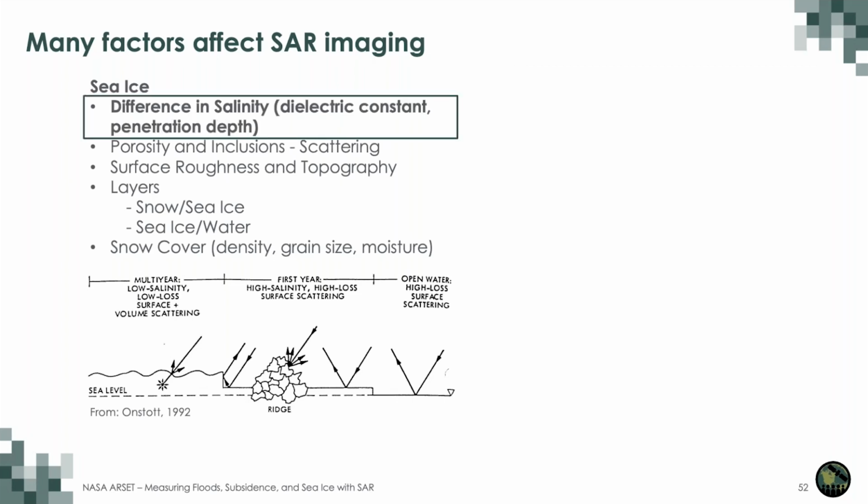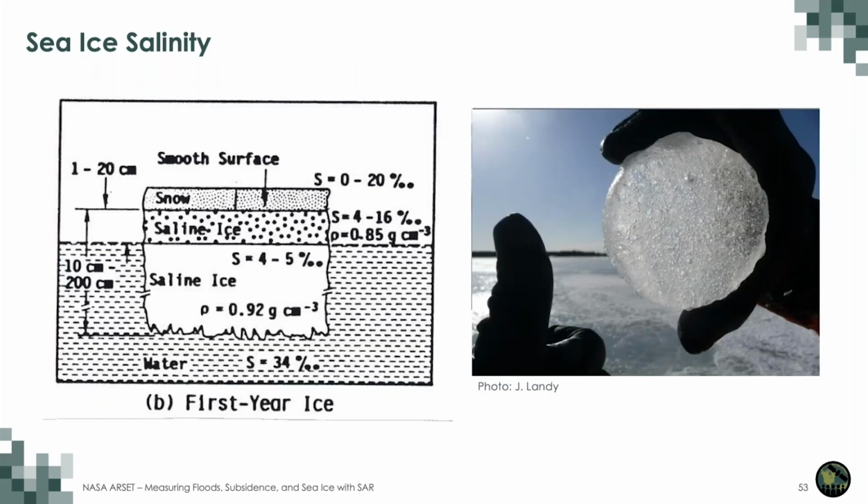The difference in salinity will affect the dielectric constant and the penetration depth. So yeah, the sea ice is salty, it's made out of salt water. It accumulates in these brine pockets and channels. And once the ice has started to form, the brine starts being expelled from the sea ice.